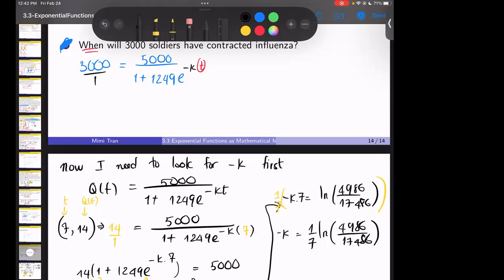The first step would be cross multiply, like I did in the step below.